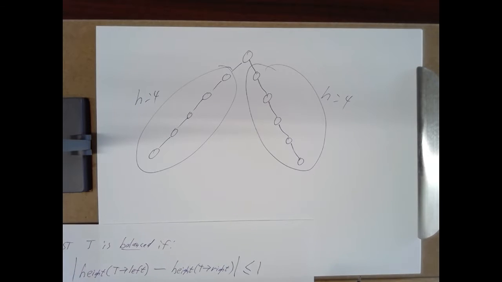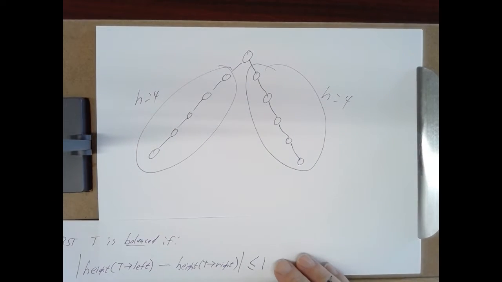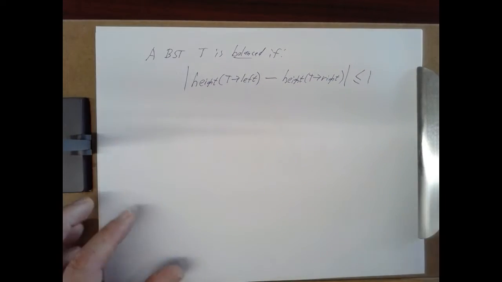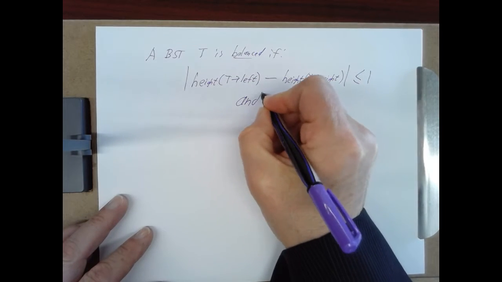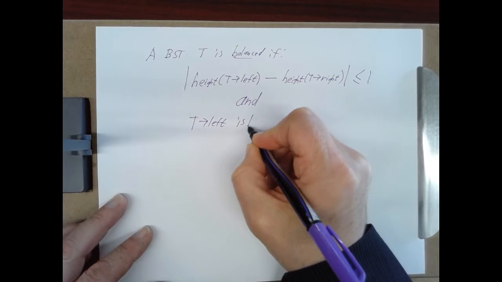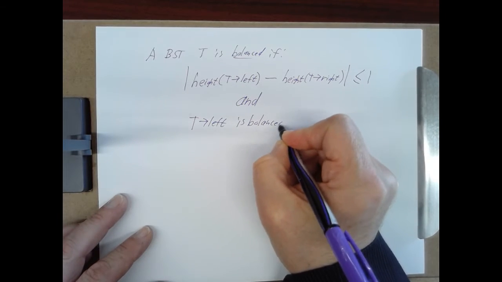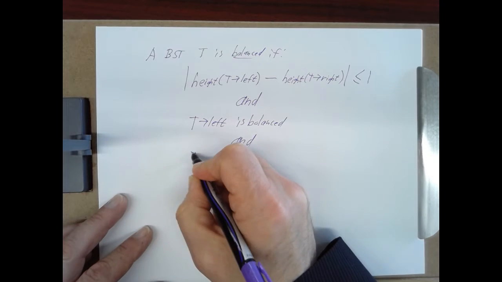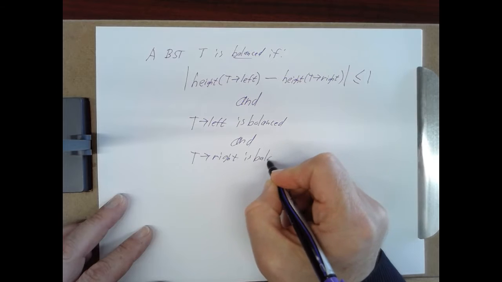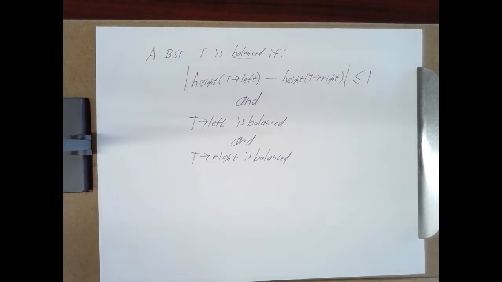They have exactly the same height, but this doesn't feel like it should be balanced. So we need some additional properties here. So, and the left subtree is balanced. And the right subtree is balanced. So there's our definition of balance.